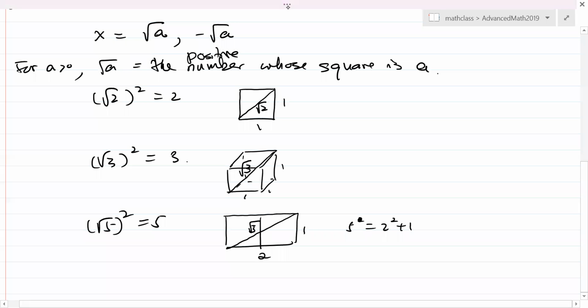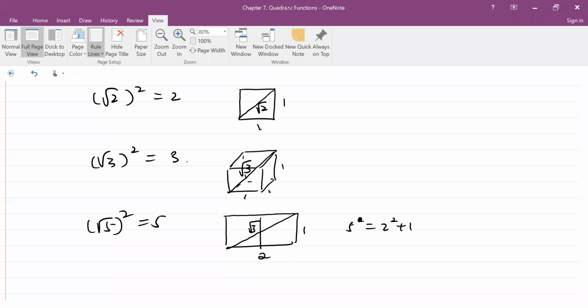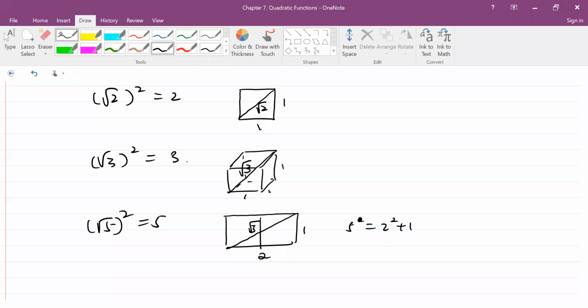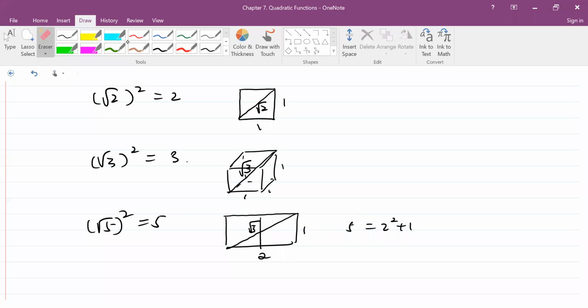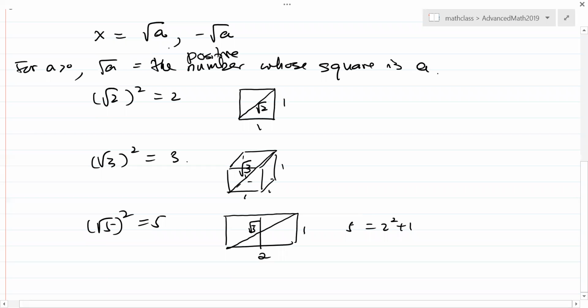That's why square root of 5 is the length of the diagonal of this rectangle. So I'm just telling you those numbers have a geometric meaning. You can always find a picture to describe them.